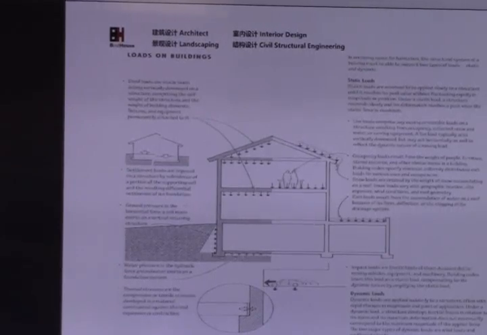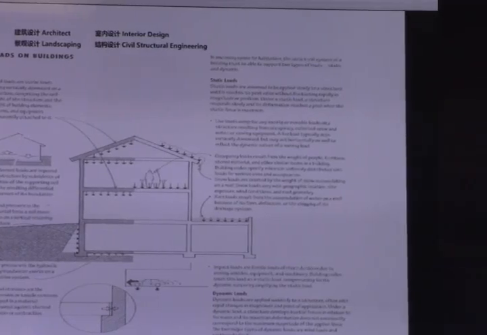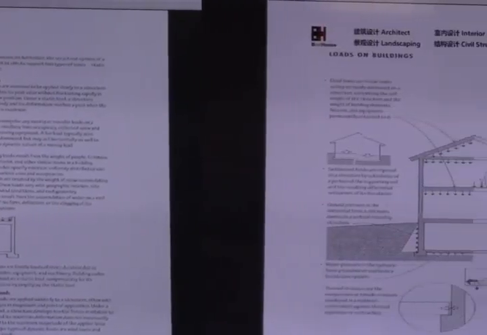The live load is basically for the people, right? Because the building is for the people, the majority of the live load is for the people, the furniture, the equipment.